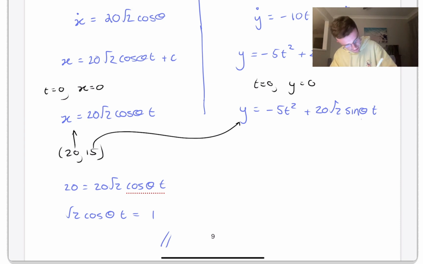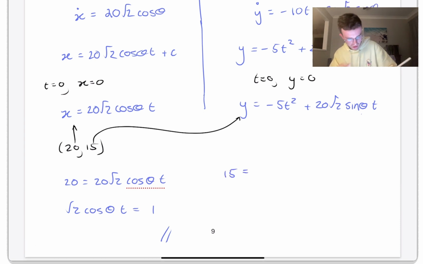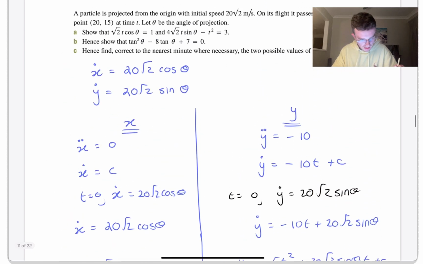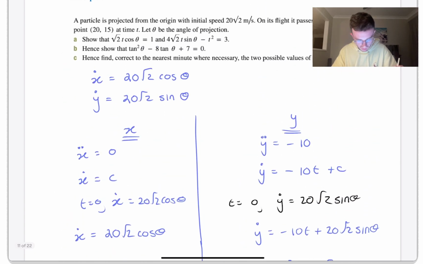Over here, we're going to have 15 is equal to minus 5t squared plus 20 root 2 sine theta t. Now let's look at where we're trying to go. We did have a t squared, we've got a 4 root 2.